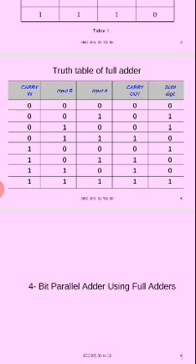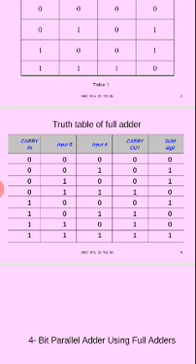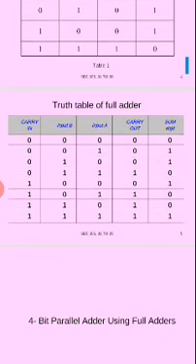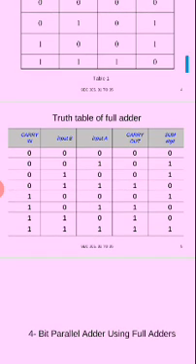Truth table of full adder. Now we are going to discuss parallel adder. Parallel adder means a group of bits are added parallelly. That is called a parallel adder. Before discussing adding a group of bits, we should discuss adders.